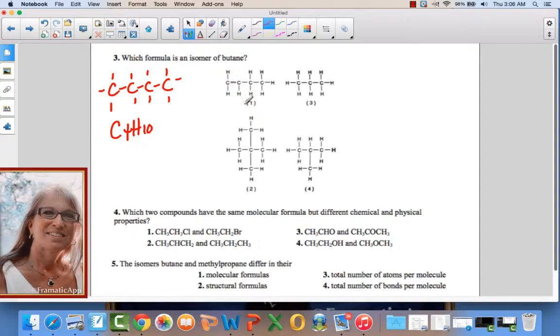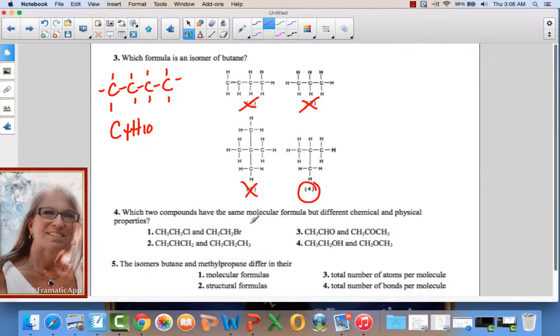It can't be that because this doesn't have a double bond. 1, 2, 3 carbons. That doesn't match up. 1, 2, 3, 4 carbons. That matches up. And 10 H's. That matches up. And this has 5 carbons. That's definitely not it.